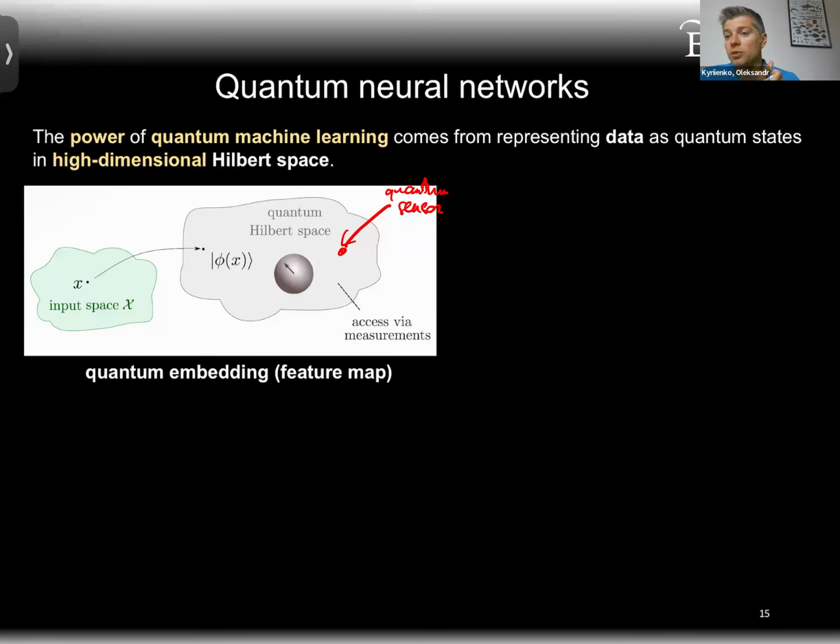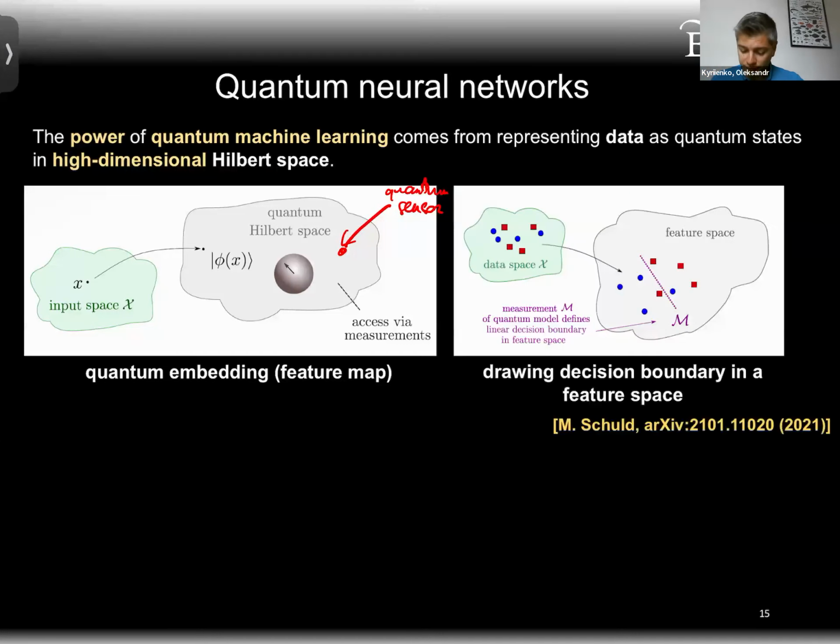The output of your measurement will be, for instance, a quantum state of your magnetometer, and that will be a data point that you can later process. The important message here is that what is difficult to separate in the original data space may be separated linearly in the feature space. Sometimes it's also called a latent space.